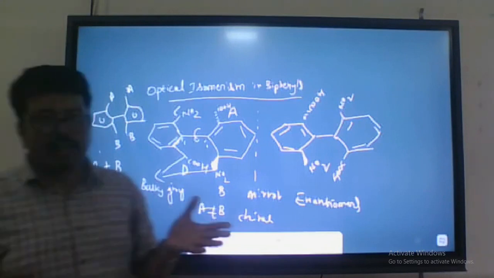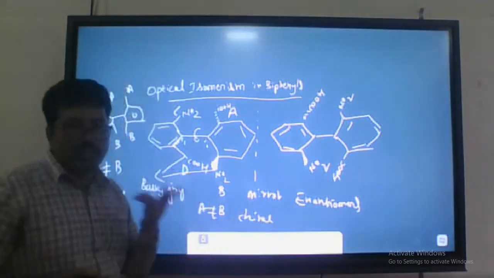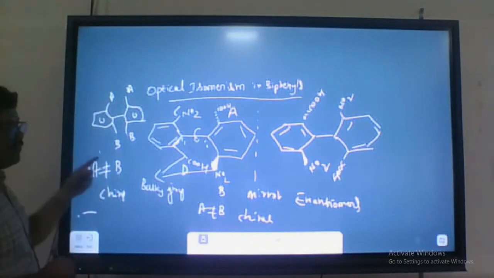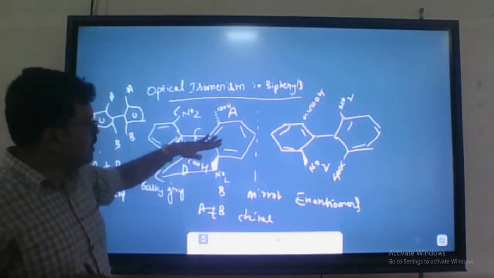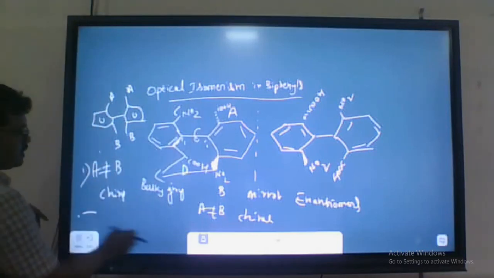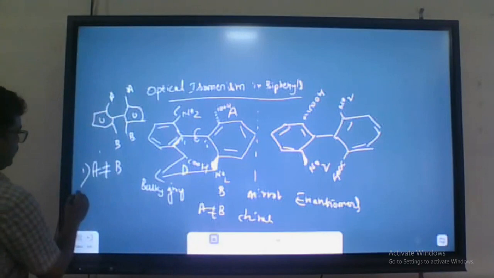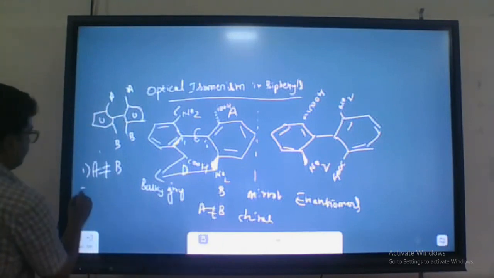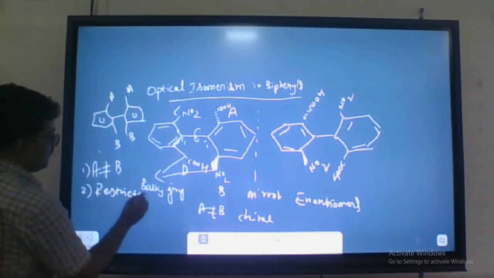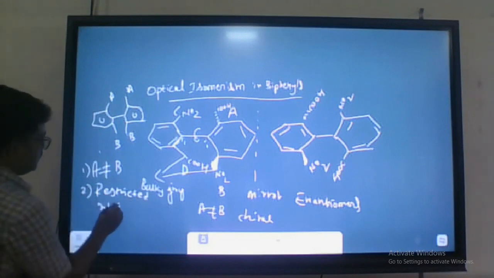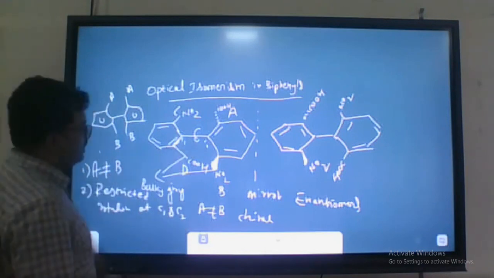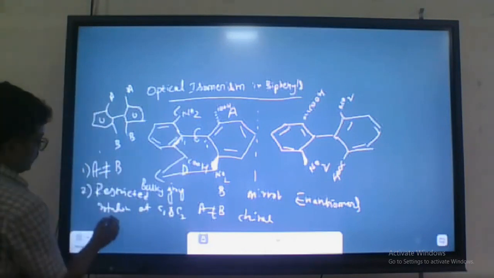For biphenyl to be chiral, there are three conditions. The first condition is A not equal to B. The second condition is restricted rotation at C1 and C2.